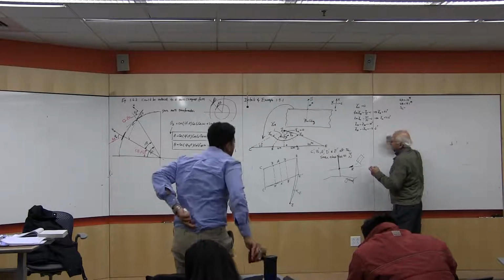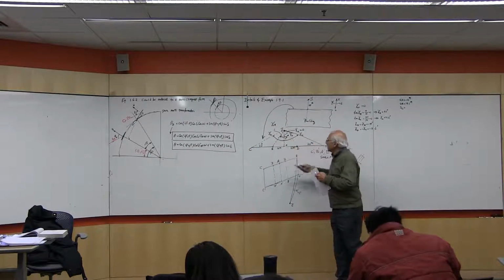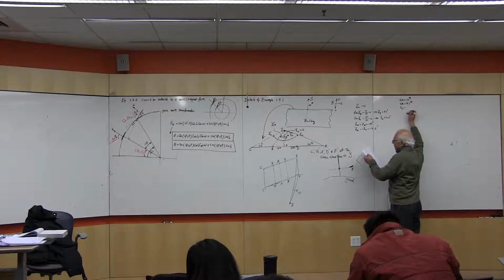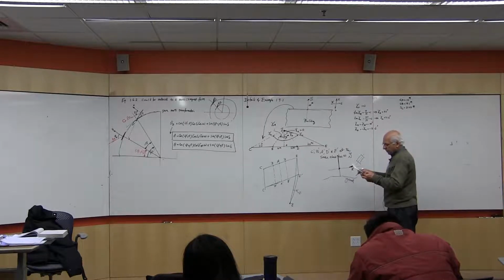SC going there would be just 30 squared plus 10 squared, square root of that, 31.62 meters. Again, pure geometry.